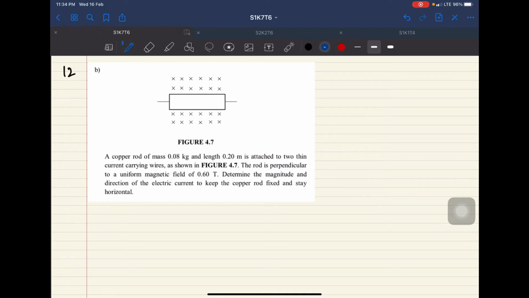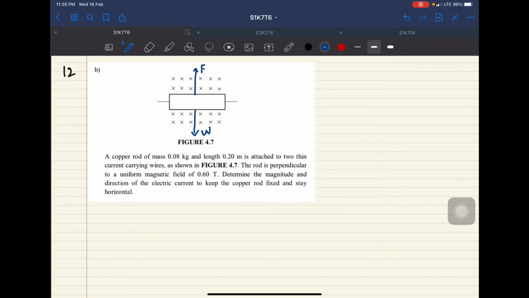So you can expect that the direction of the weight will be pointing downwards as always. If you want to keep the rod floating, that means you need another force going upwards. So this is the magnetic force.